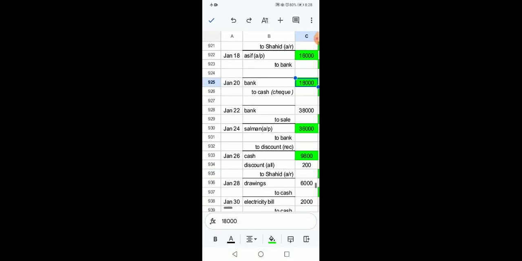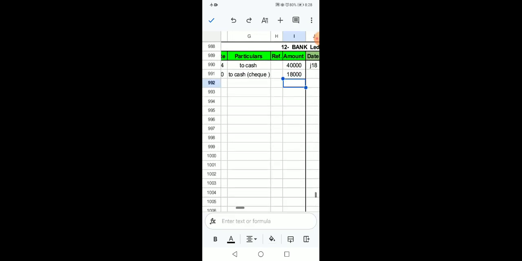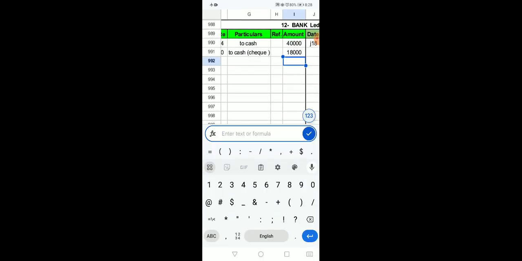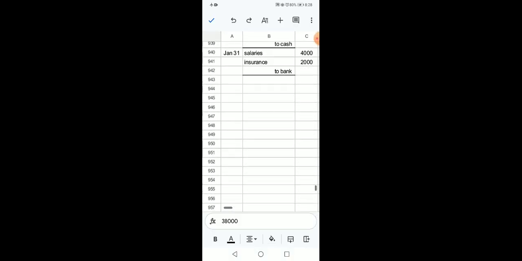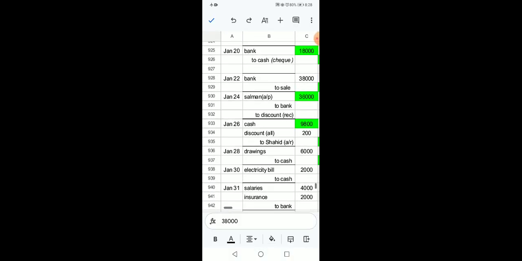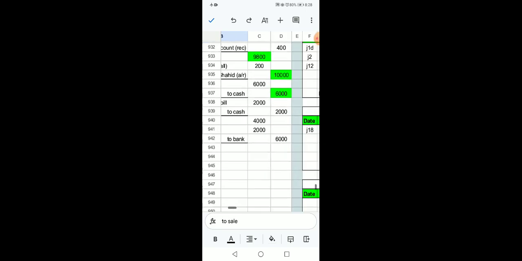Now let's see if bank is present elsewhere. Yes. Next entry, January 22, bank is debited by 38,000. So you will be putting 38,000 on the debit side. Let's see what is the reference for this 38,000. You have posted this. What is written on the opposite side? Sales.